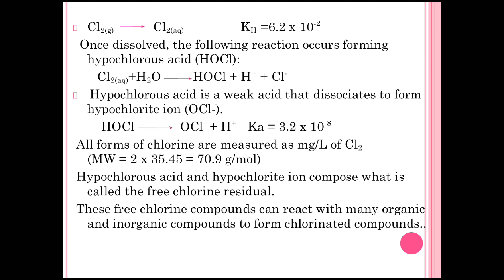All forms of chlorine are measured as milligrams per liter of Cl2, so the molecular weight is 2 times 35.45, equal to 70.9 grams per mole. The hypochlorous acid and hypochlorite ion compose what is called the free chlorine residual.